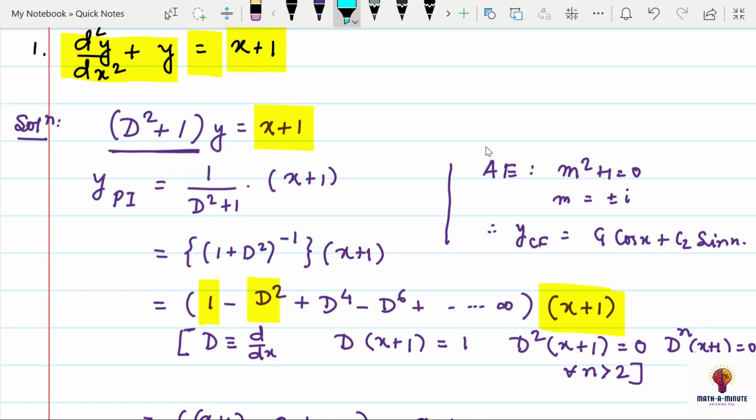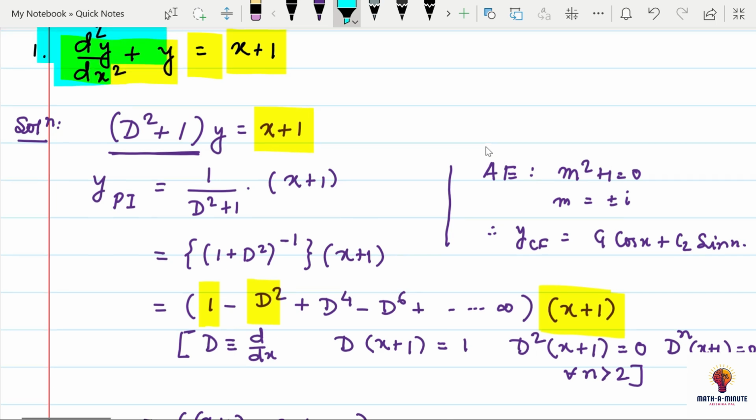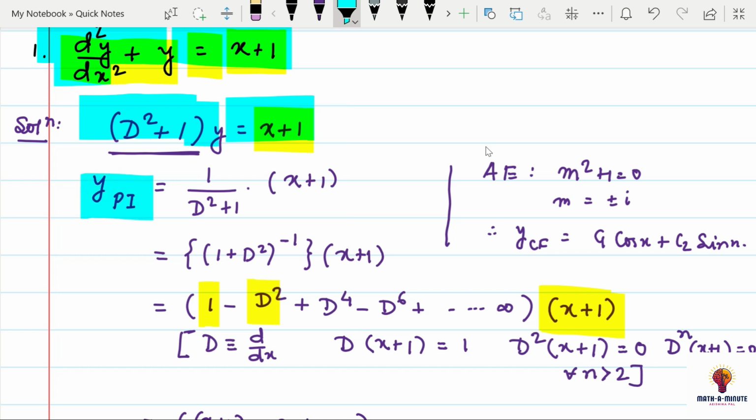Here the given differential equation is d square y by dx square plus y equals x plus 1. So we write this differential equation in the form (D square plus 1) y equals x plus 1. In this case, the particular integral will be 1 by (D square plus 1) into (x plus 1).